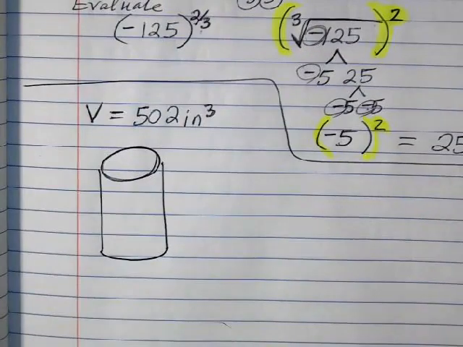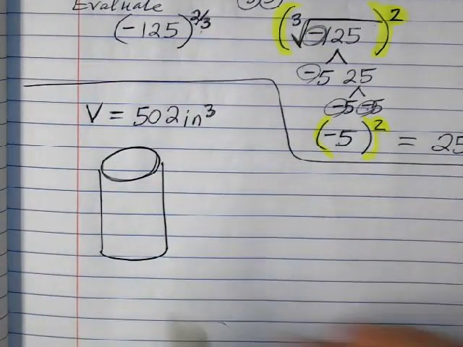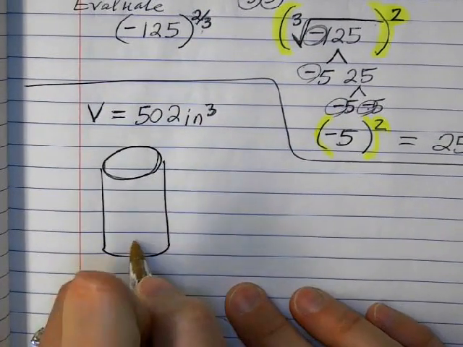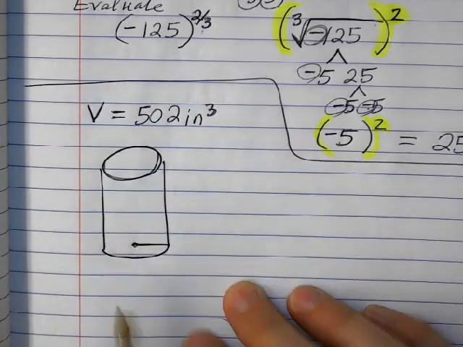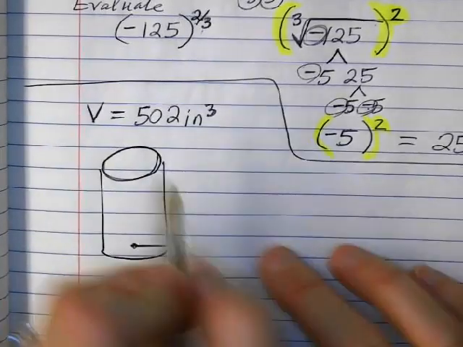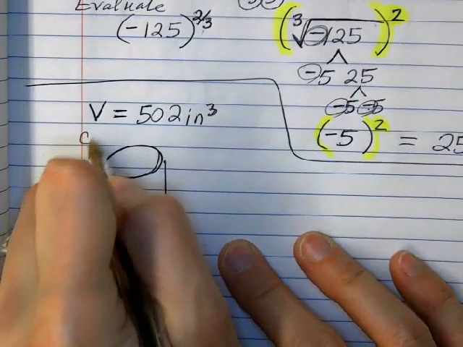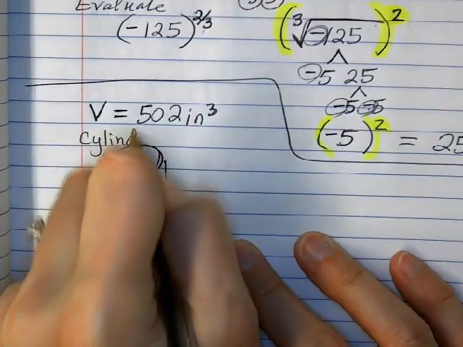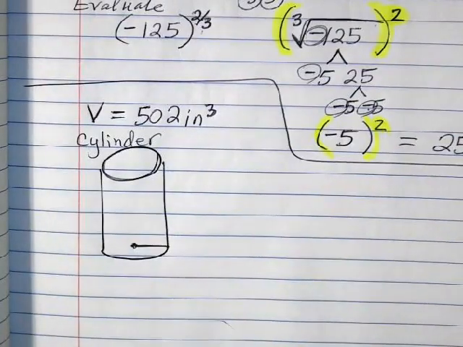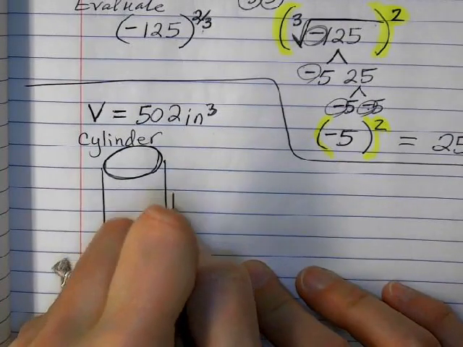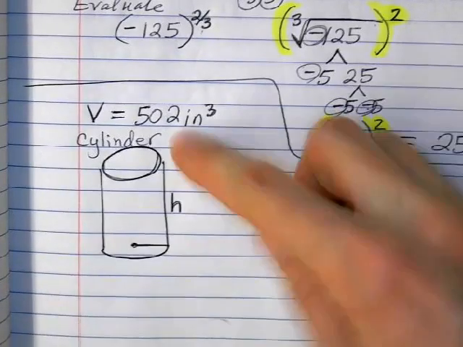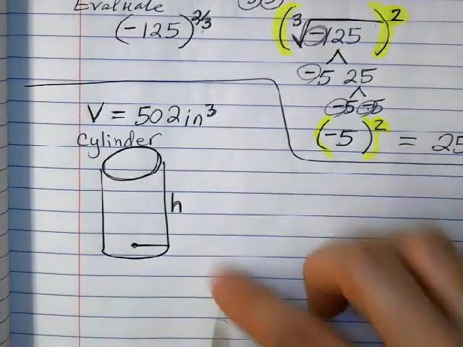Well, this kind of goes back to geometry. You guys have learned these shapes in geometry. This is a cylinder, and you've studied those in the past. I'll give you the height of the cylinder, how tall it is. The height, I'm going to say, is 6 inches.